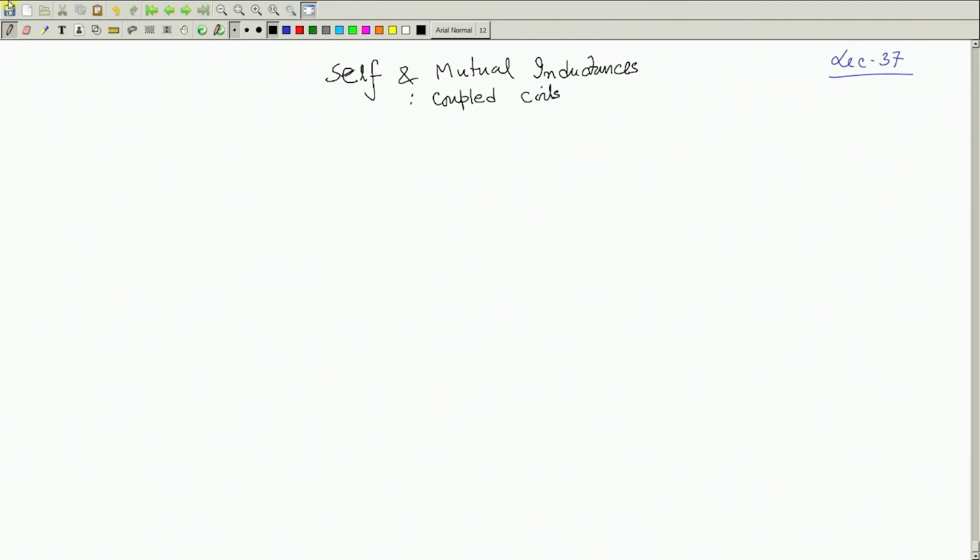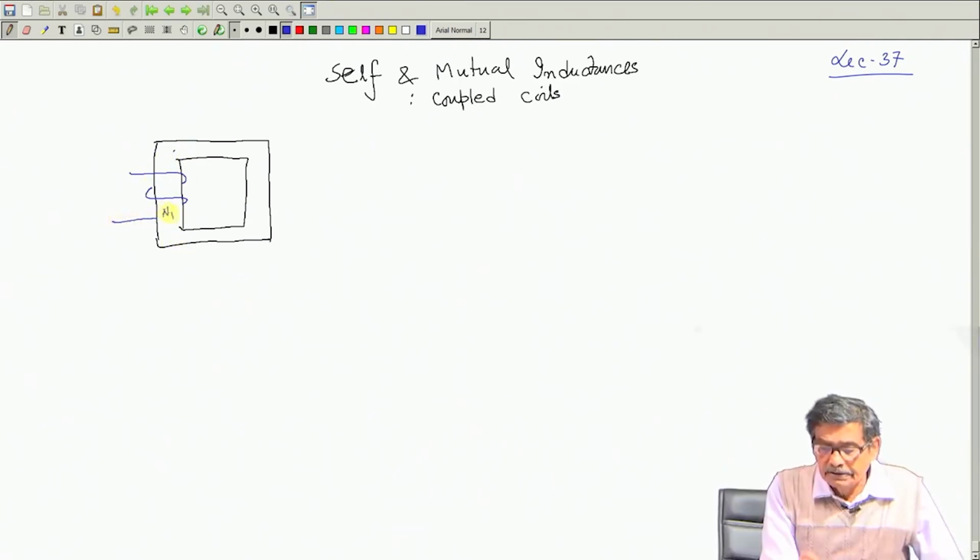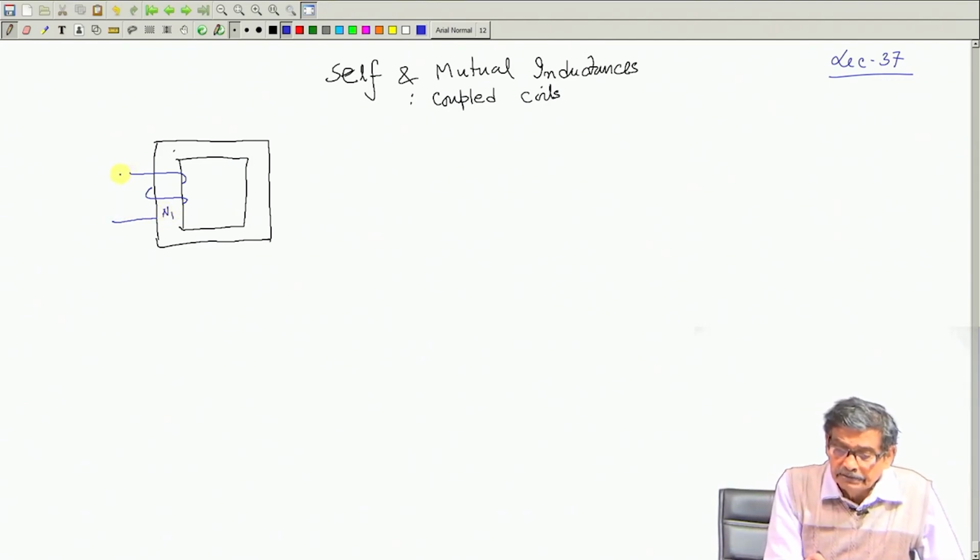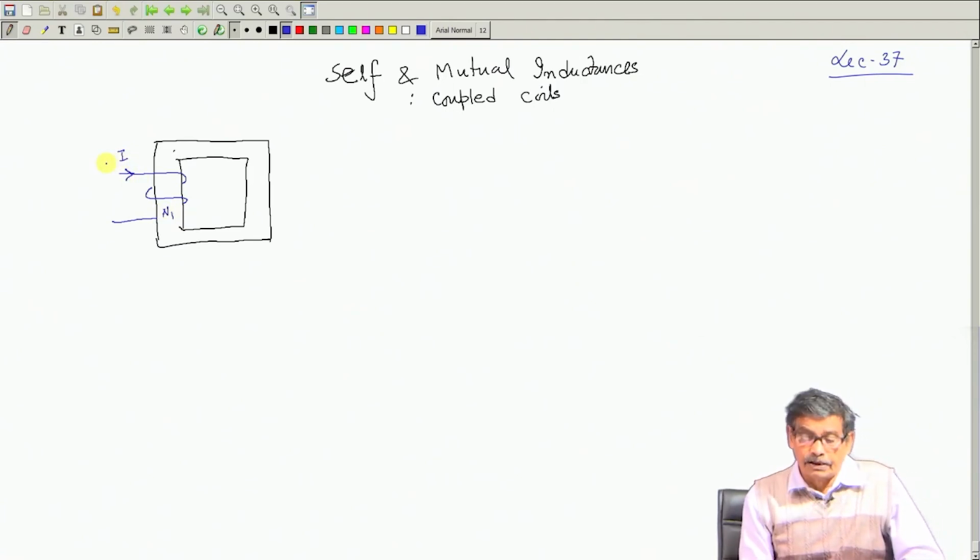coupled coils. Recall that if you have a magnetic circuit like this, suppose it is a magnetic material, and you have a coil with N1 turns, and you pass some current through the coil, say a constant value of current.